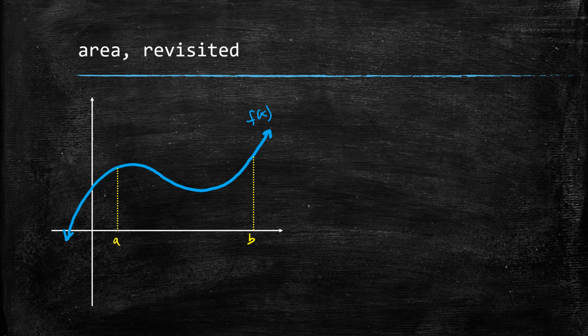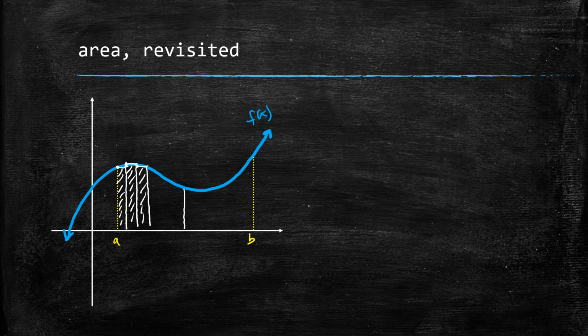And if you recall, before we knew anything about integrals, we did this by using rectangles. So we would approximate the area under the curve by creating rectangles and finding the area of the rectangle. These could be left endpoint rectangles, for example, but they could have been right endpoint ones, and adding those up all the way from A to B.